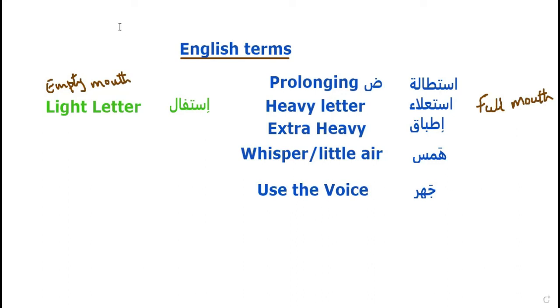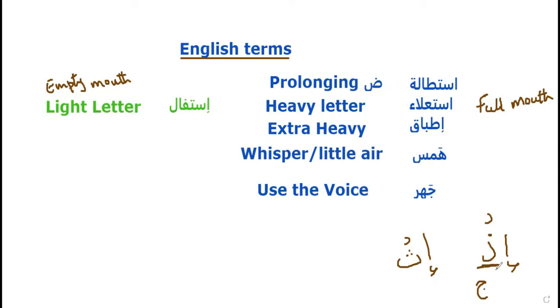Dal and tha only have one difference. The difference is dal has jahr and tha has hams. So if someone says وإذ قال for dal, you will stop them.